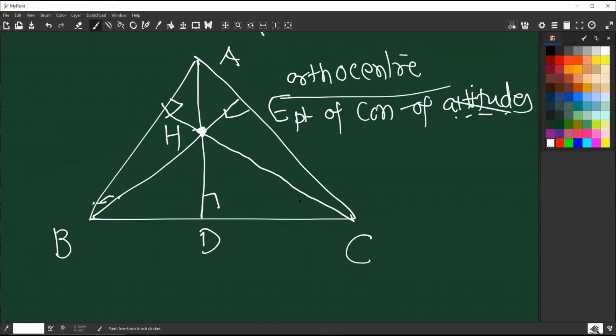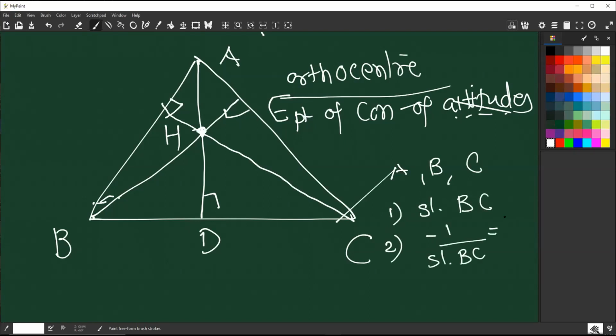Suppose the coordinates of A, B and C are given to me. What will be my first step? Find slope BC. Second step, minus 1 upon slope BC will be slope AD, because when lines are mutually perpendicular, the product of the slopes is minus 1.